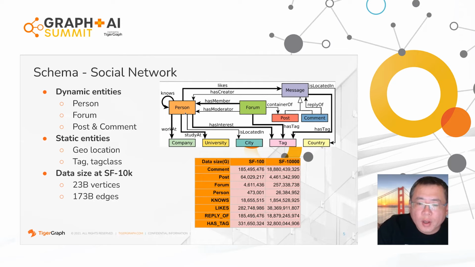There is also demographic information about a person, such as which company the person works at, which university the person studied at, and which city the person is located in. We use the tag entity to provide a taxonomy of forums and messages, and a person can show a particular interest in a particular tag.